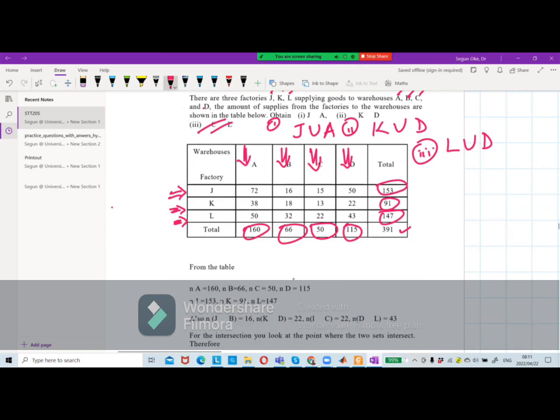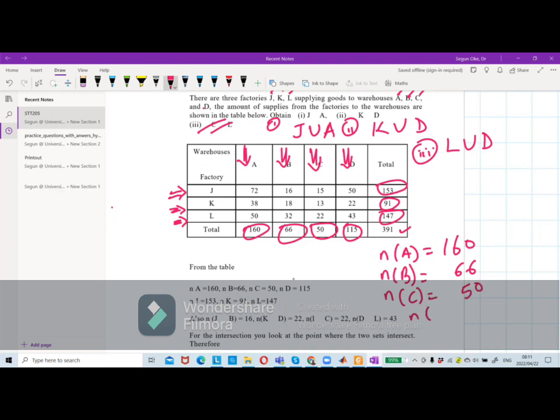Now, the first thing is the number of A. What's the total number of A here? It is 160. So what is the number of B? The number of B is 66. The number of C is 50.